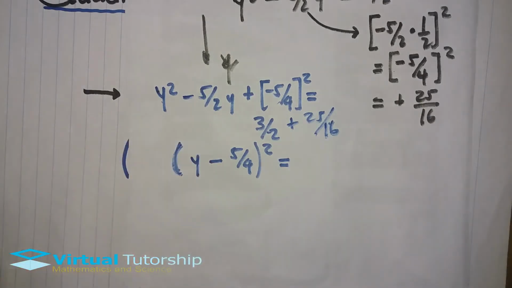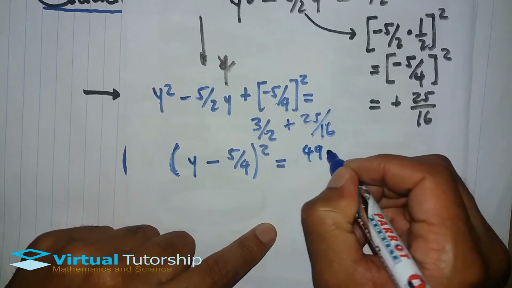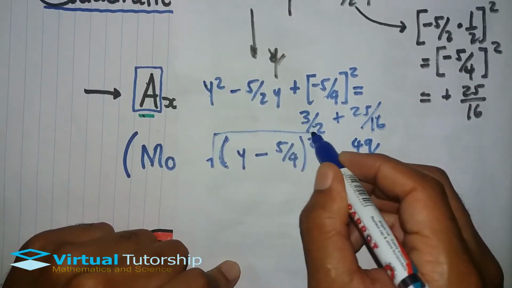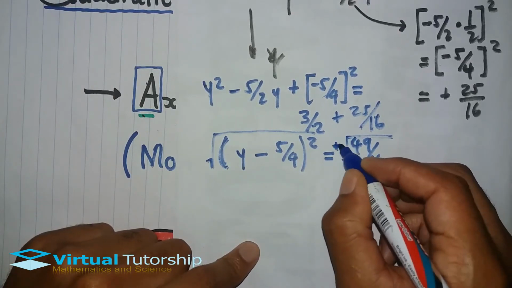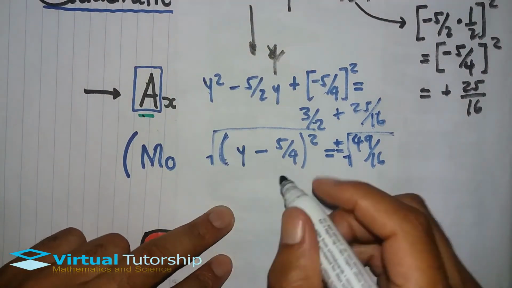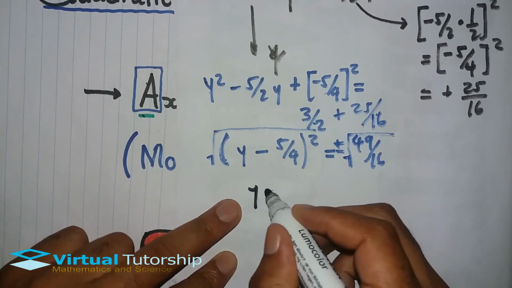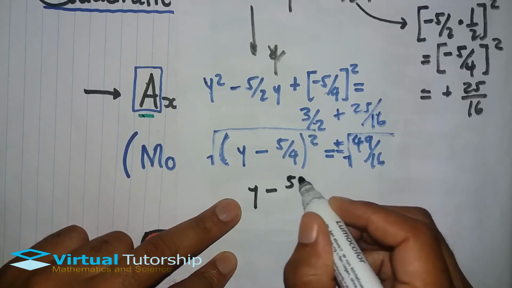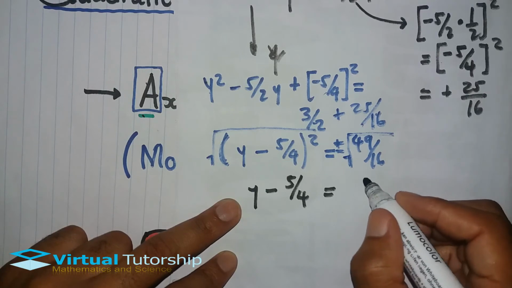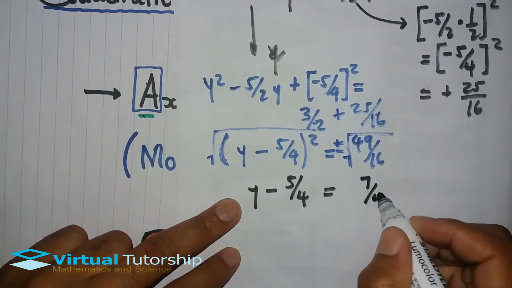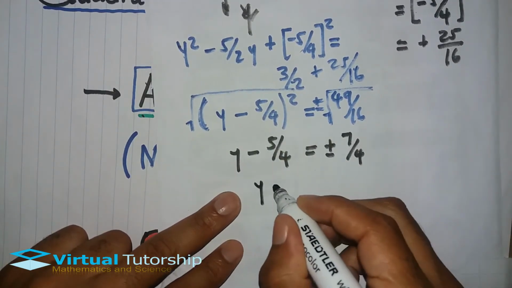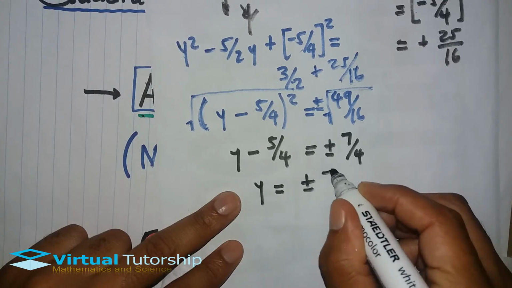It's 49 over 16. So what do we do from there? Square root both sides, then you have plus or minus. So on the left hand side it's y minus 5 over 4 equal to, what's the square root of 49? It's 7. The square root of 16 is 4. Plus or minus. Therefore, our y value is going to be equal to plus or minus 7 over 4.